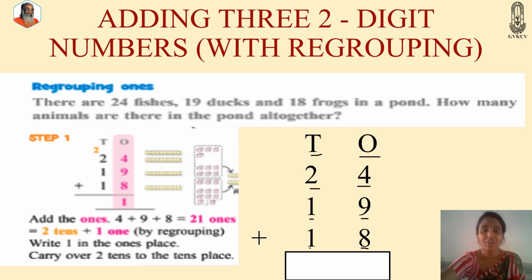Now we will add under ones. What are they? 4 and 9 and 8. In it, what is the larger one? 9, right? So keep 9 in mind. After that, take 8 fingers because it is the next larger. After 9 comes 10, 11, 12, 13, 14, 15, 16, 17. 17, right? 9 plus 8 is 17.